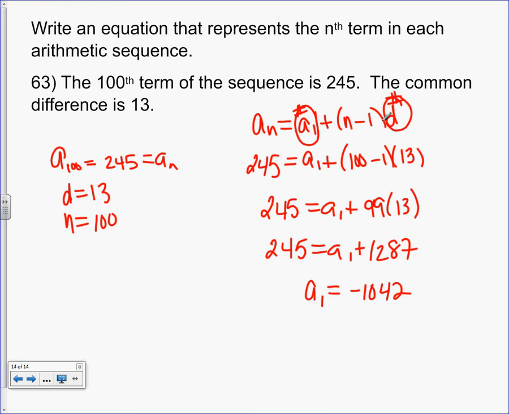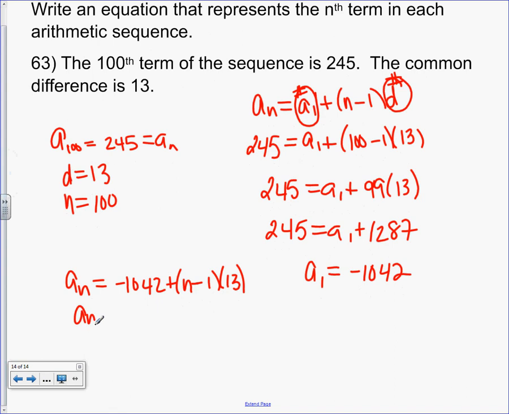We have to replace a1 and d and then simplify it just like we did on the front. So a sub n equals negative 1042 plus n minus 1 times 13. So you distribute that 13. So a sub n equals negative 1042 plus 13n minus 13.